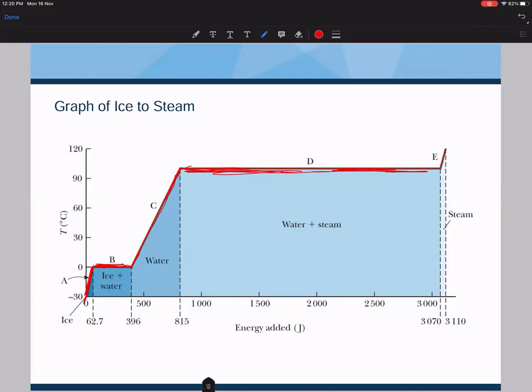So no temperature change, but you are changing the phase from the liquid form into the gas form, which is the steam. And finally, when all the water is converted into steam, the steam could still be heated up to even higher temperatures. So that is the general idea for the phase change in the system.